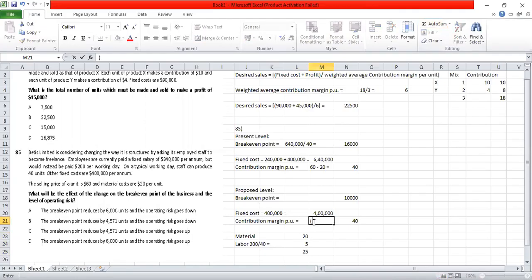Sales is 60, so this would be equal to 60 minus 25.